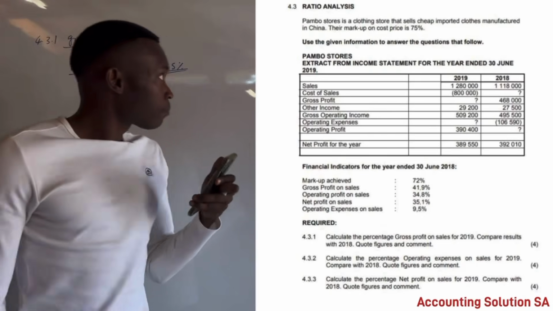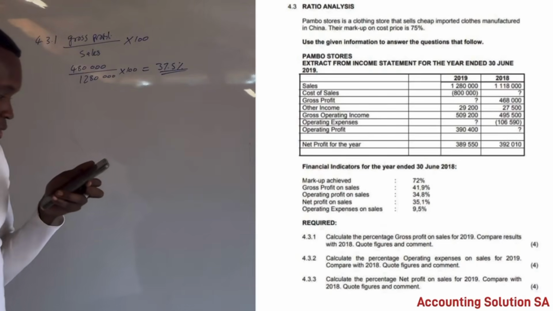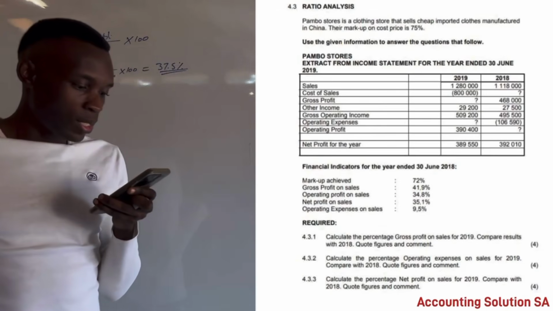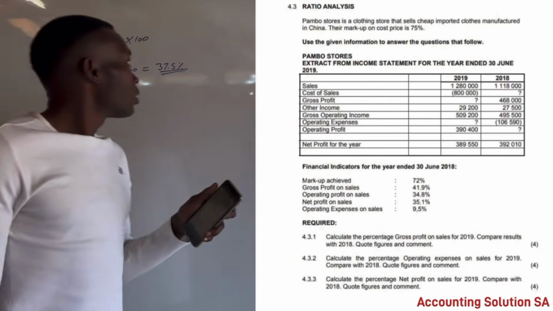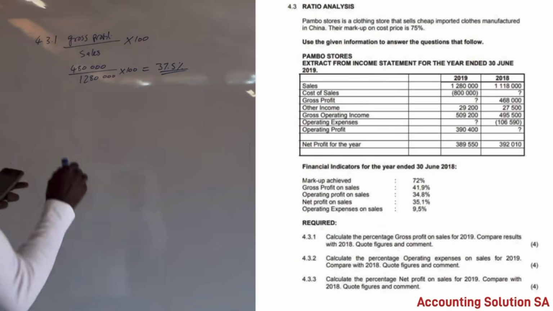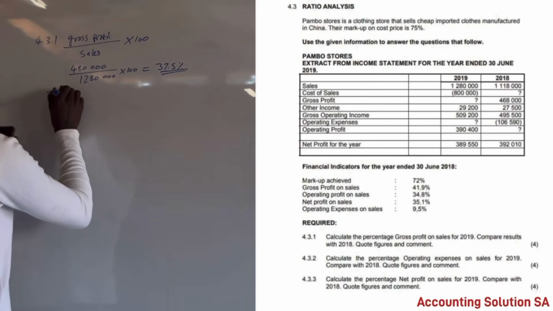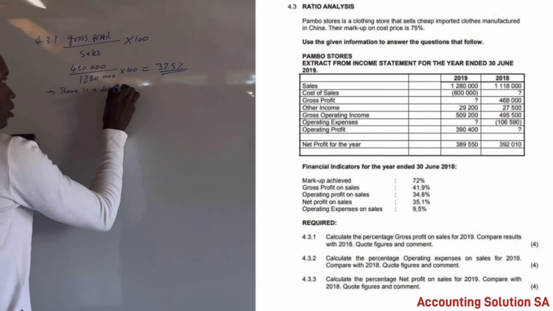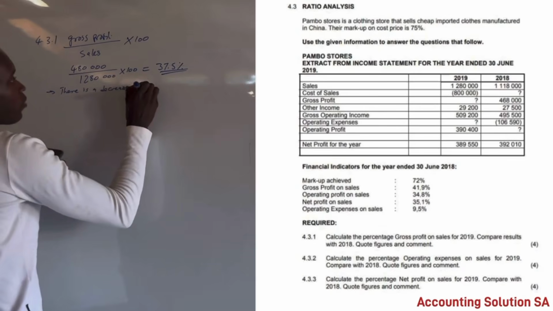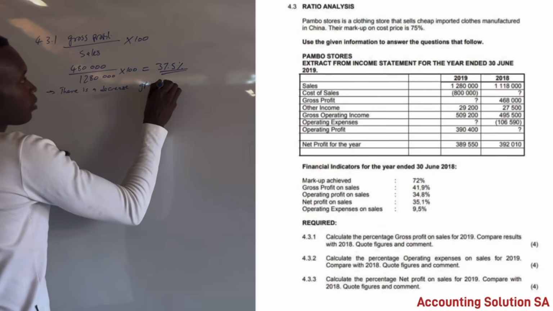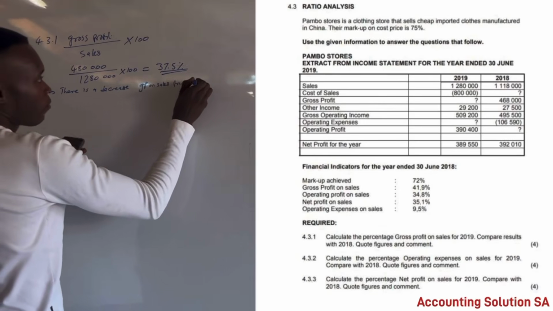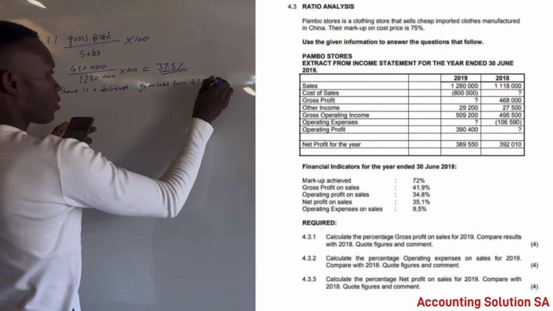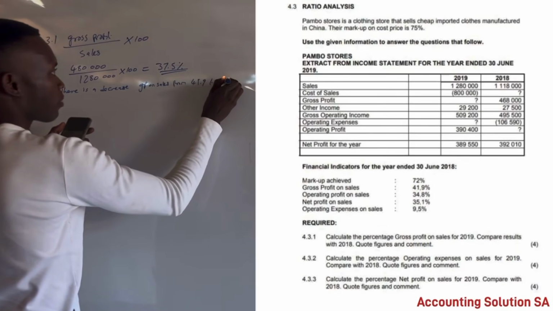Okay, now they say that we need to comment. Let's comment based on the previous results of this ratio from last year. They say that gross profit on sales last year was 41.9. Now it has gone to 37.5, which means we are going to comment that there is a decrease on gross profit on sales, from 41.9% to 37.5%.